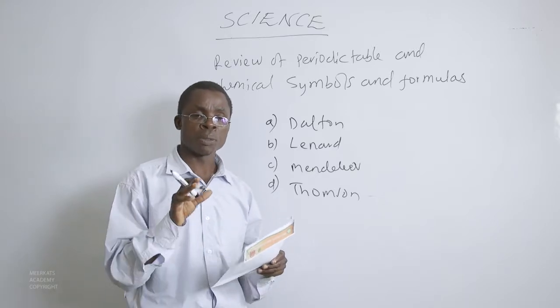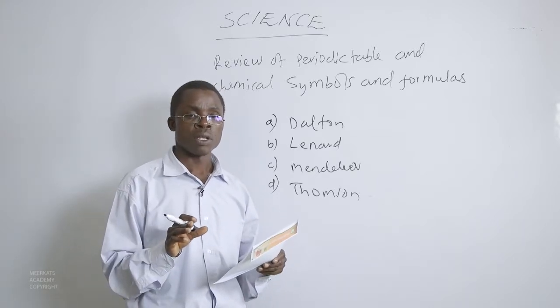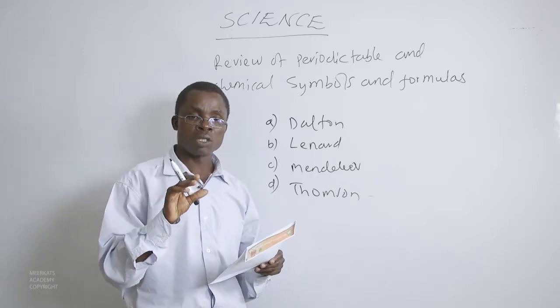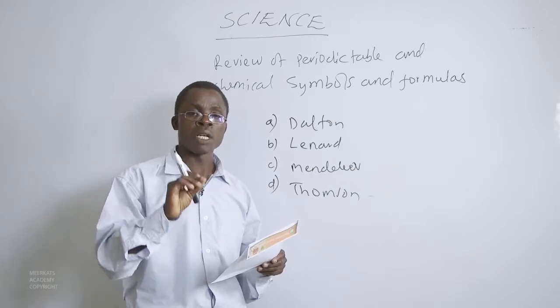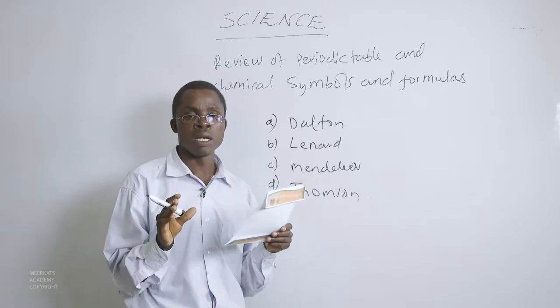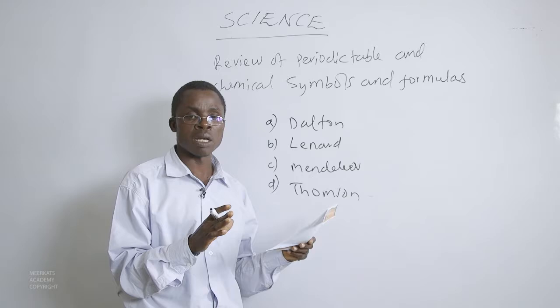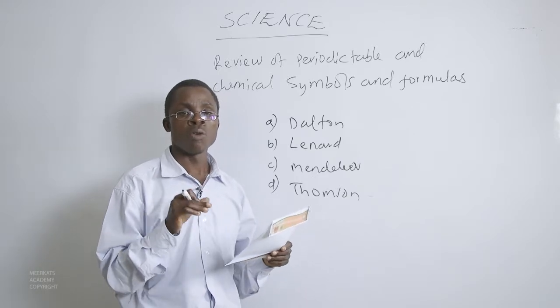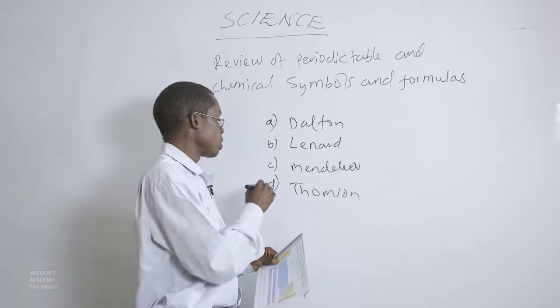However, to be very specific on the atom forming that element and being arranged in a sequential manner, though it was simple at that time, the only scientist who managed to do that was Mendeleev.